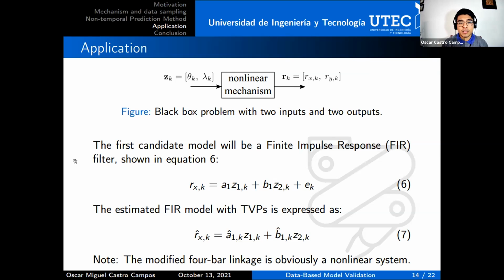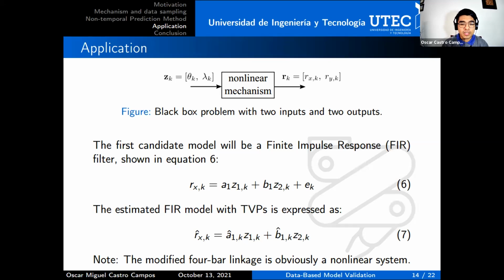Our first candidate model was a finite impulse response, the FIR filter, where non-stationarity is reached by considering time-varying parameters.